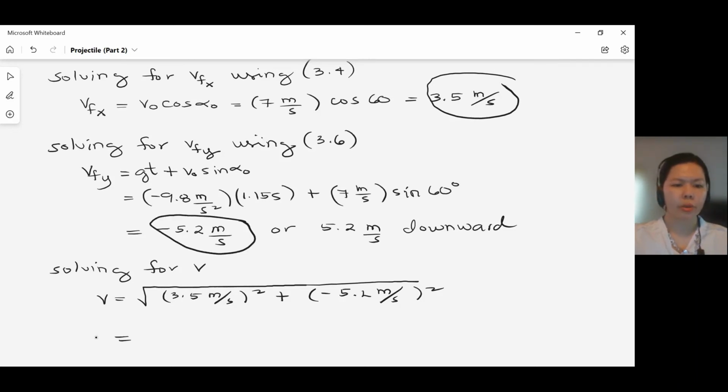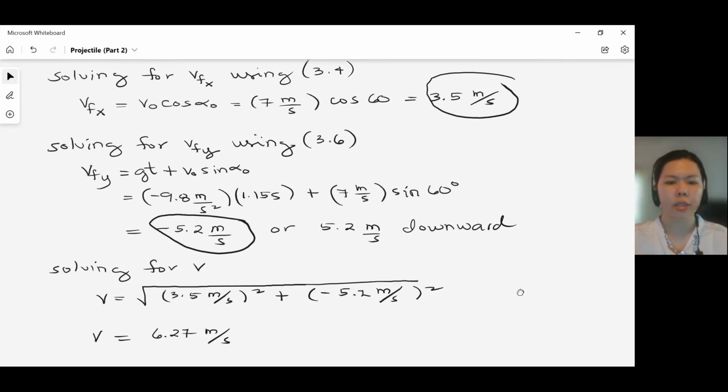Using your calculator, square root of 3.5 squared plus negative 5.2 squared, you should get an answer of 6.27 meters per second as the magnitude of the velocity.